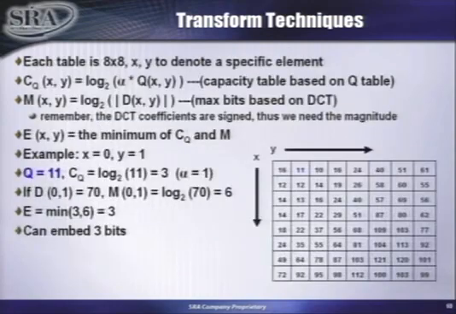And so we'll see that a little better here. All right, so here we have a table, and this is a quantization table. I just arbitrarily picked X and Y direction here. And so for each individual element of this table, we take the log base 2 of that. And we can also factor it with an alpha value, which we'll see. You can pick alpha. In experimentation, I've gotten alpha up to about 4.